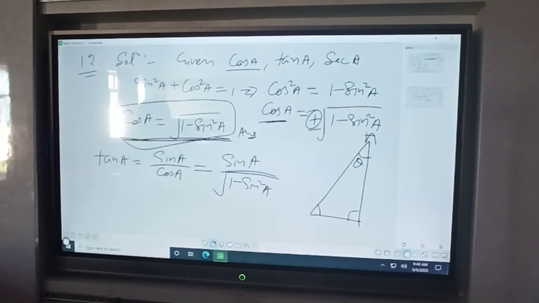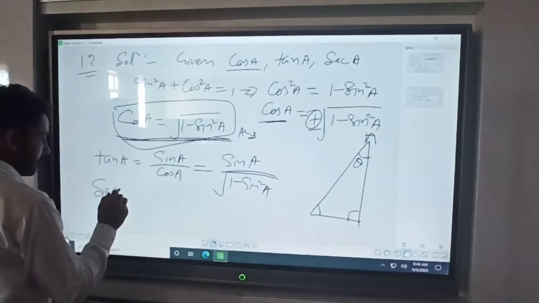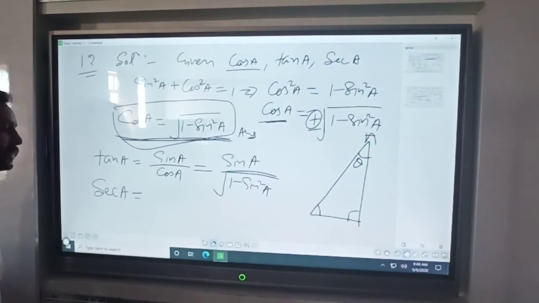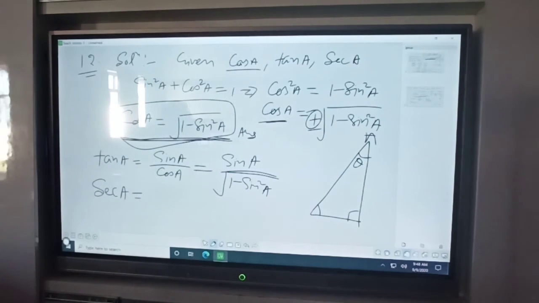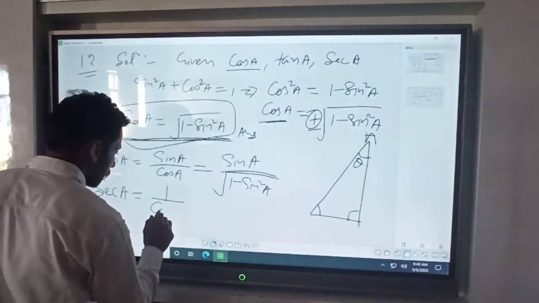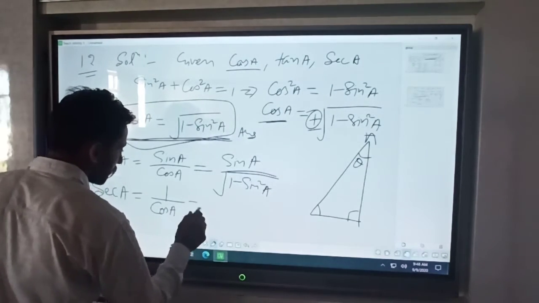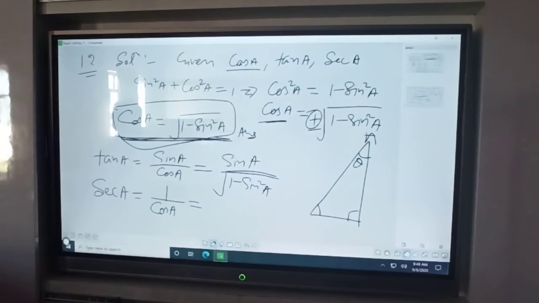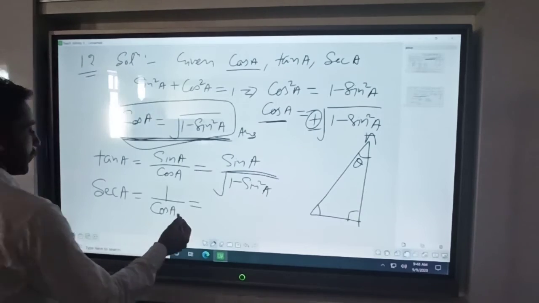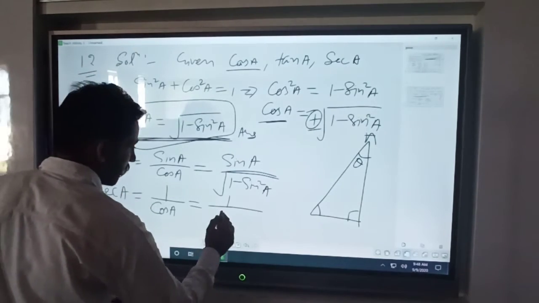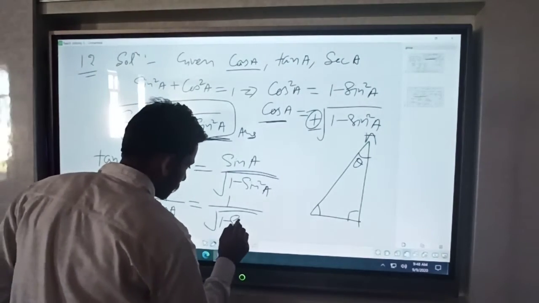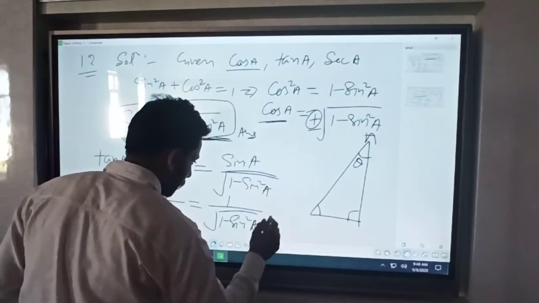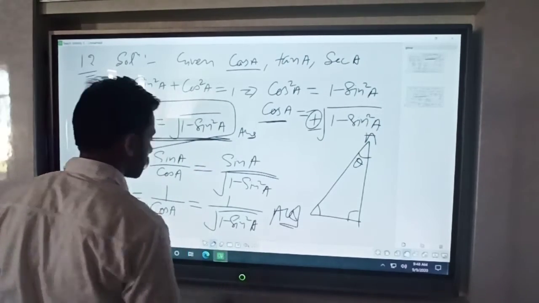Similarly, secant A. What is secant theta? Secant theta is the reciprocal of cos theta. So we can write it as 1 upon cos A. Now we know the value of cos A because in the first step we found the value of cos A. Using this value of cos A, put here, it becomes 1 upon under root 1 minus sin square A. This is also our answer.